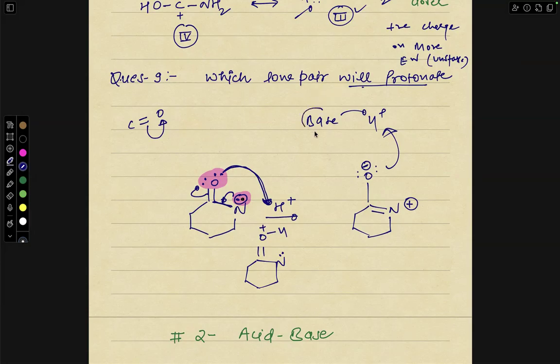Because base means the ability to donate its lone pair to a proton. So if my lone pair is busy in resonance, how can I donate it to a proton? It means my lone pair should be non-conjugated. If the lone pair is non-conjugated, it can donate to a proton. Make sense?